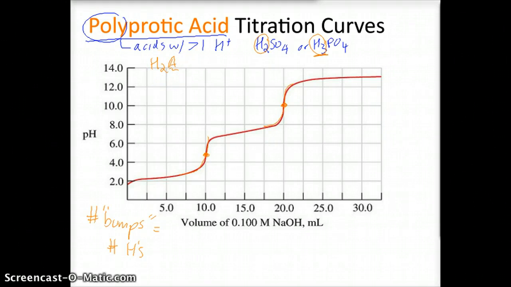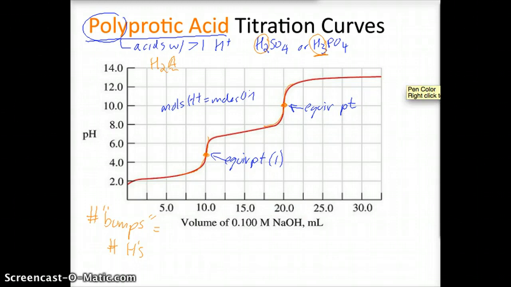Same rules apply. This is still your equivalence point, but now it's your first equivalence point, where the moles of H plus equal moles of OH minus. And then here, this is another equivalence point, for the titration of the second acid.